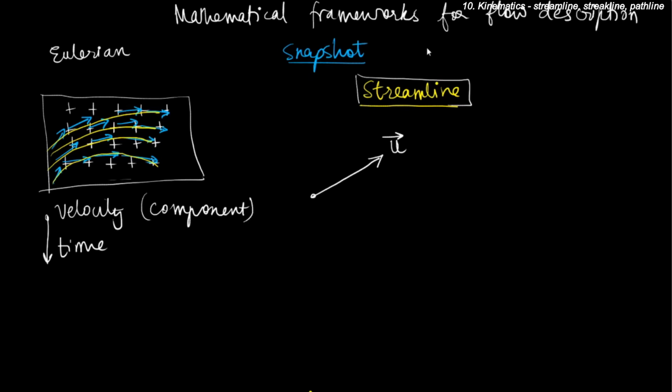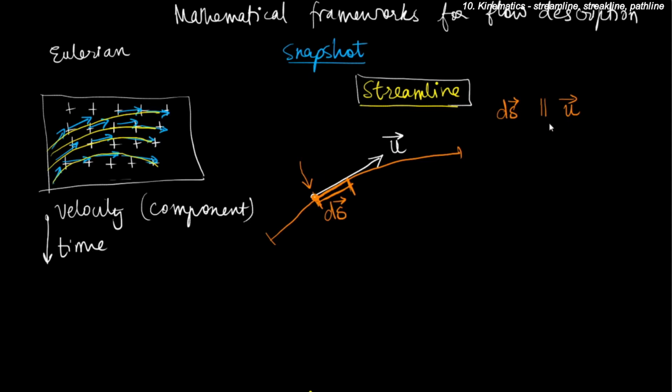So if I want to find the equation of a line, suppose this is that line, at this particular point, the ds vector, that is the increment of the displacement along this particular curve at this point, should be parallel to the u vector, because streamline is by definition the line which is parallel to the velocity vectors.